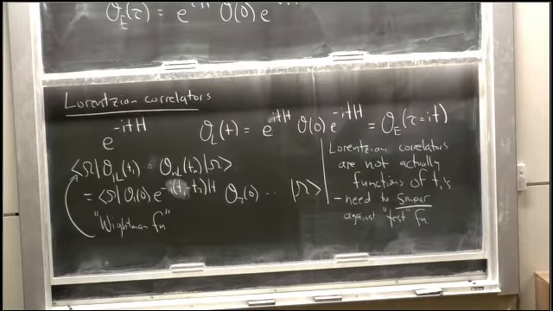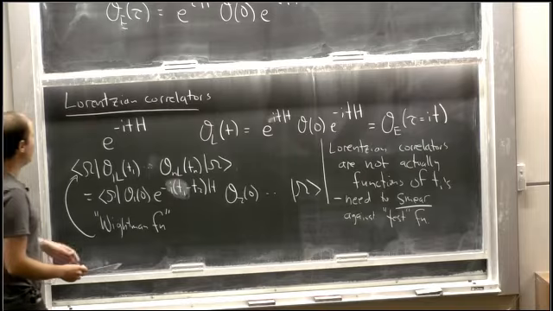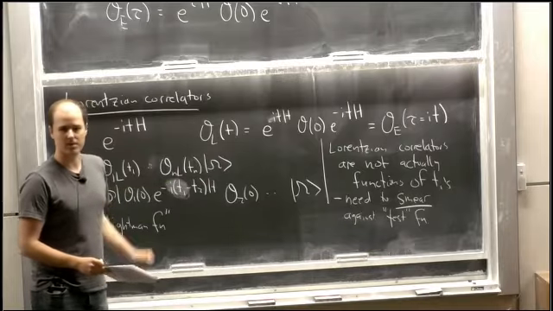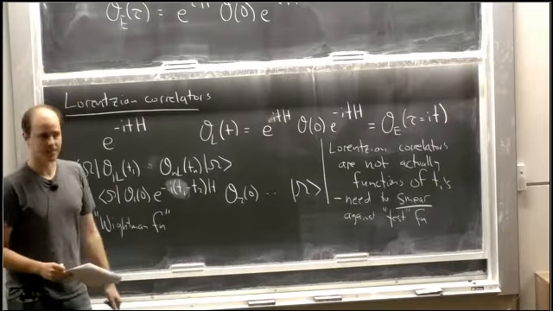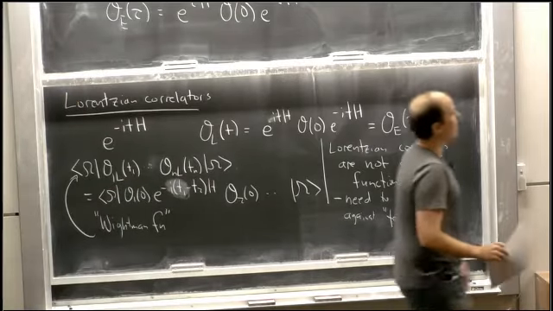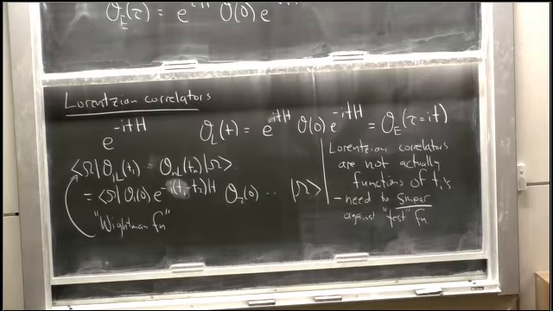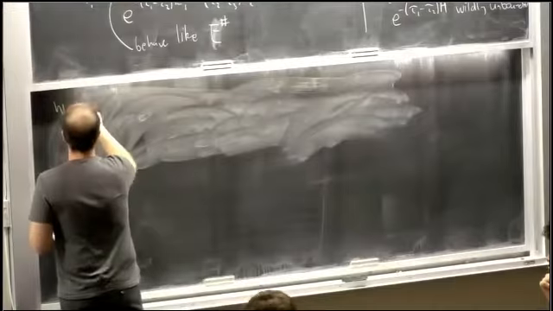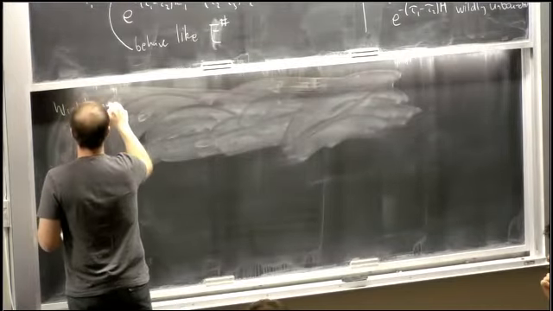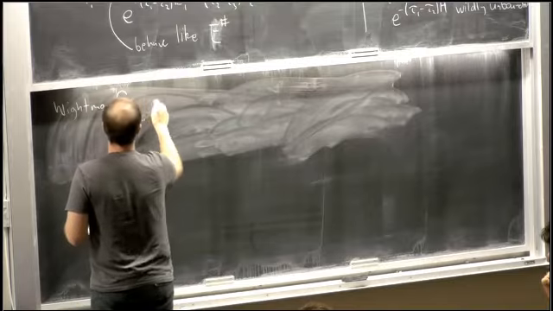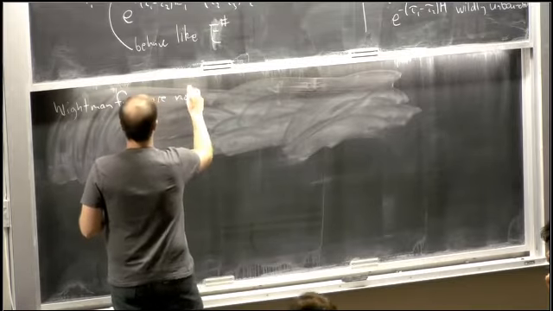When I say Wightman function, I mean a Lorentzian correlator with a fixed ordering of the operators. Having defined that terminology, I'm going to now explain why it's bad terminology. The correct statement is that Wightman functions are not functions.